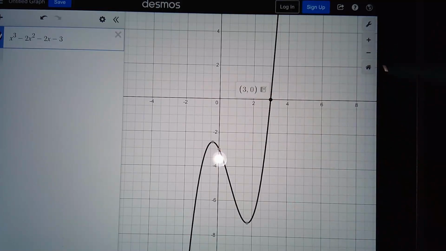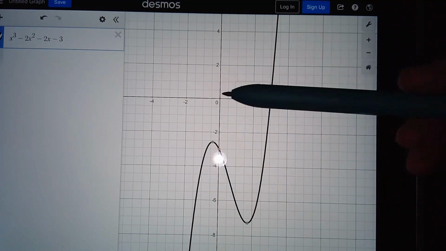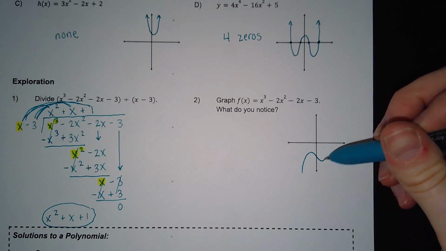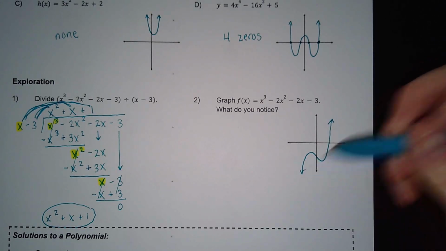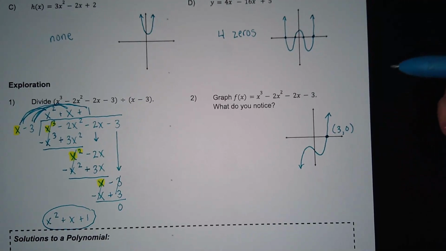What we notice is it crosses the x-axis at one point. And here we're actually going to pay attention to what that point is. This graph crosses the x-axis at the point 3, 0. So when we sketch this graph, it looks something like this. And it's crossing the x-axis at 3, 0.